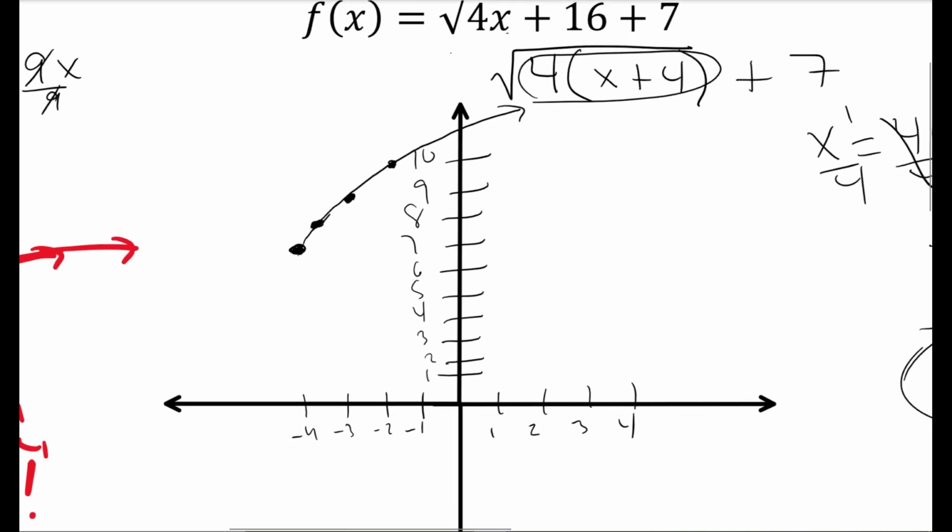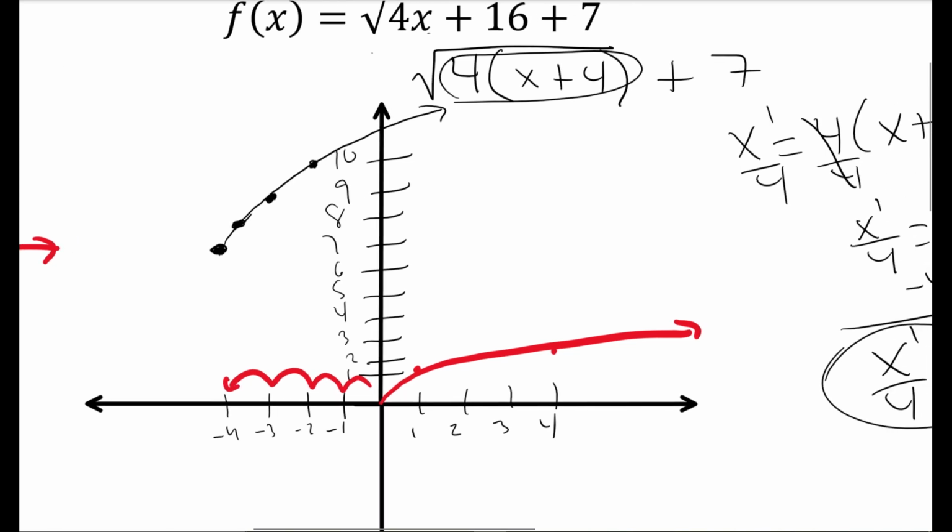So again, just to graph our parent function should look something like this. So what happened to our parent function? Well, if you look at it, it looks like it got shifted to the left, right? It got shifted to the left 4, which makes sense because of that plus 4 there. Plus means left.